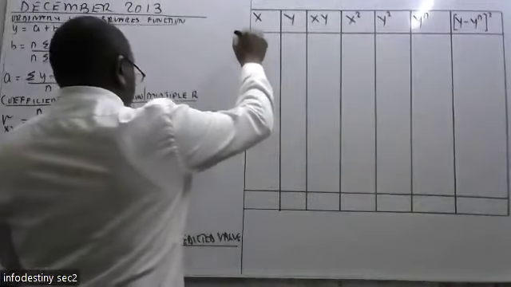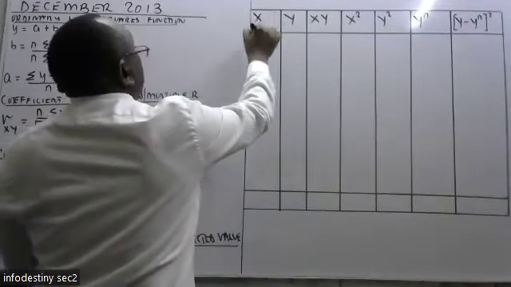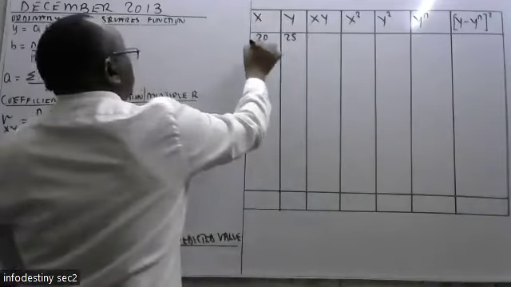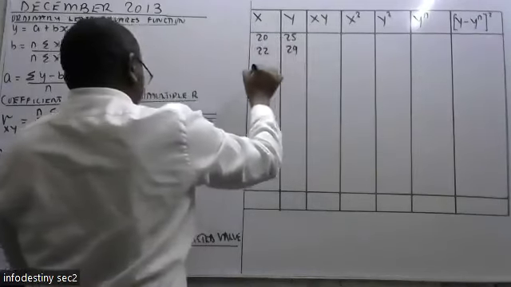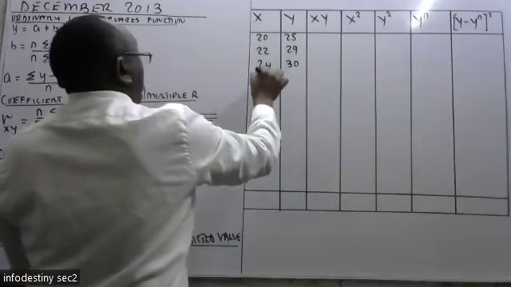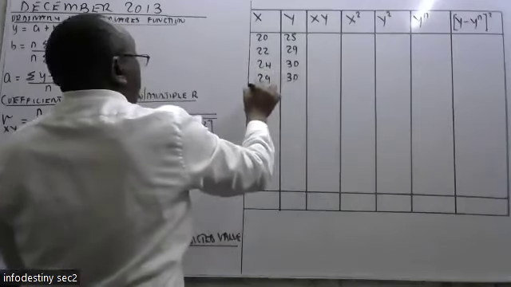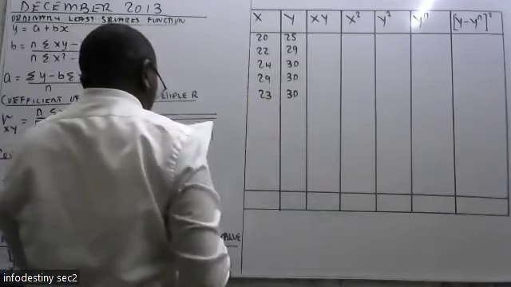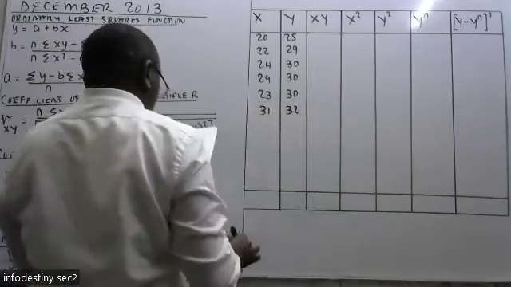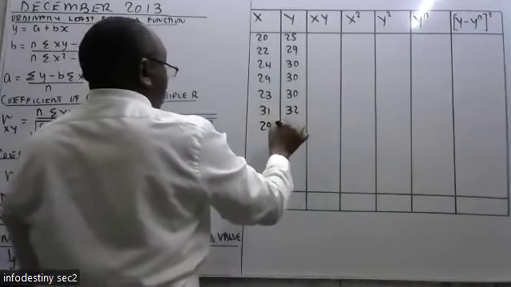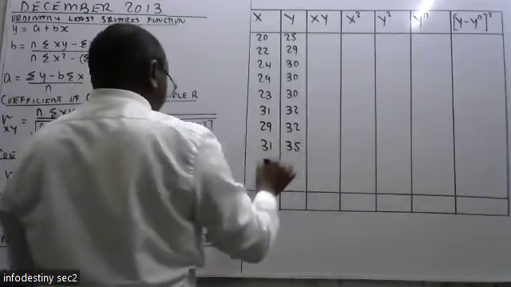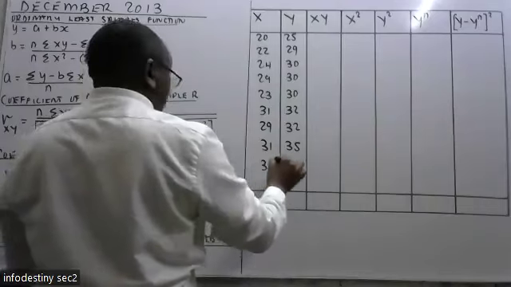So we have a husband here, or the wife. The wife of 20 years is married by a guy of 25 years. 22 goes to 29 years. 24 goes to 30. 29 also takes 30. 23 also takes 30. 31 takes 32. 29 takes 32.